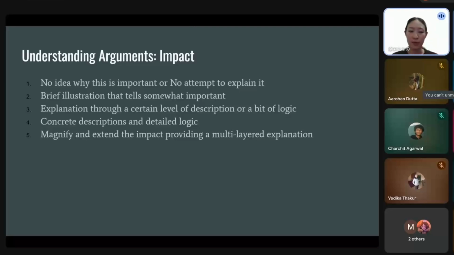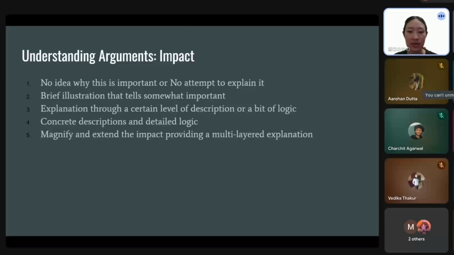So this type of more detailed explanation on how the process looks, what realistic impact is likely to happen, this type of actual depiction, to the extent people are able to imagine the same page or same illustration, is the complete description and detailed logic that counts as the fourth level of impacting.